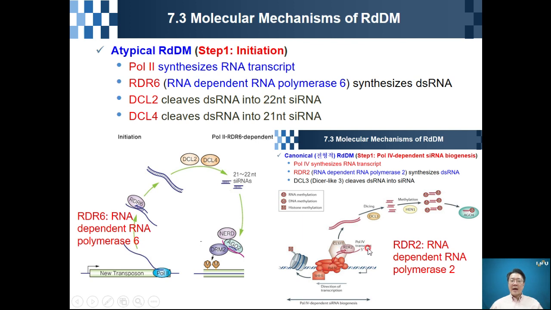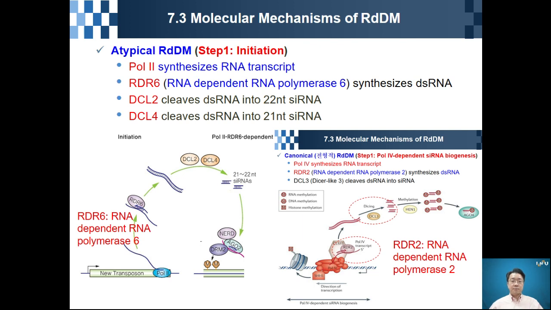At that, RDR2, RNA-dependent RNA polymerase 2, synthesized double-stranded RNA. Then DCL3 cleaves the double-stranded RNA into siRNA.